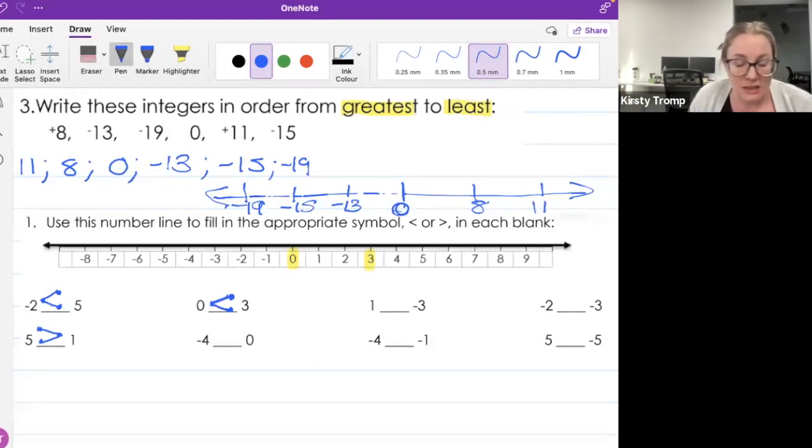So pretend that those negative numbers aren't there. If I was going from the greatest to the smallest, and it was just the numbers 0, 8, and 11, which would be the greatest number out of 0, 8, and 11, Unati? I think it will be 11. It'll be 11, good. So what's the greatest number on this number line?